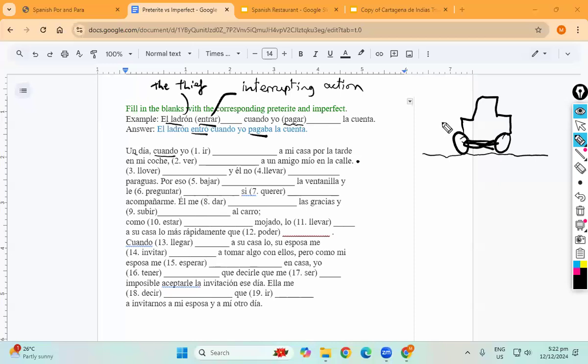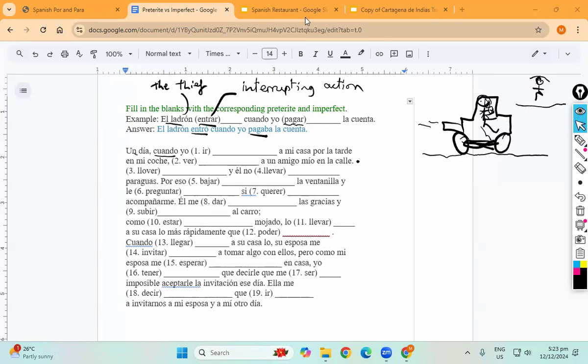Is one of them a single completed action? And is one of them going on for a while? Which one is going on for a while?